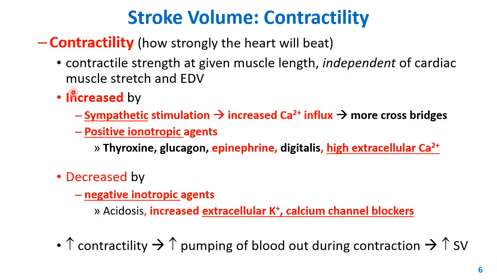Besides your sympathetic stimulation, this would basically be talking about epinephrine or norepinephrine. Okay, now my pen is not working. So when you talk about sympathetic, you're thinking about epinephrine or norepinephrine. Basically that's the same type of signal.